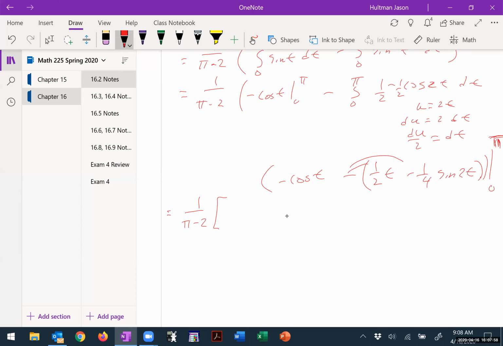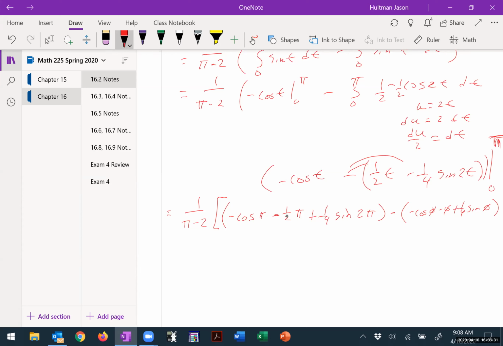Bracket, parentheses, negative cosine of pi minus 1/2 pi plus 1/4 sine 2 pi, minus negative cosine 0, minus 1/2 of 0, which is just 0, plus 1/4 of sine of 0.